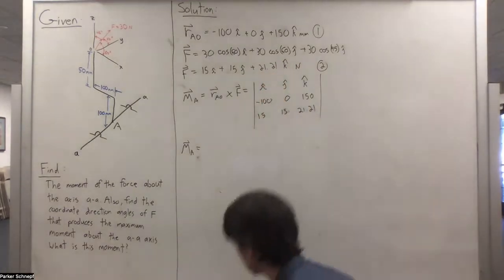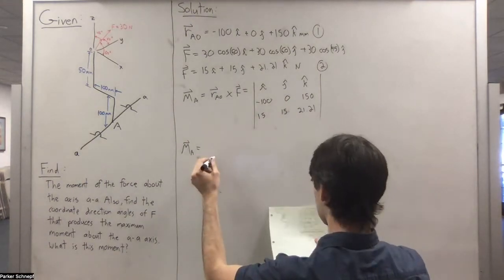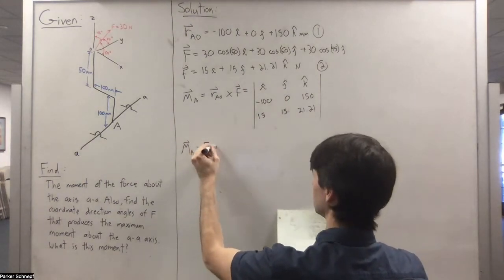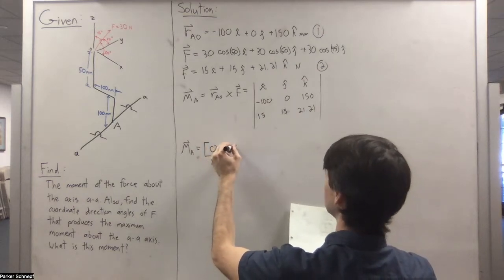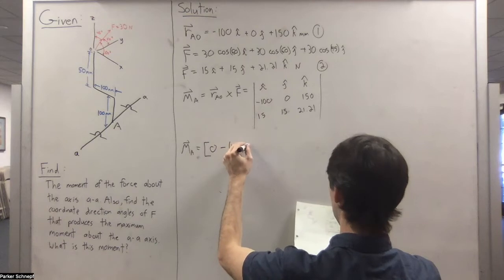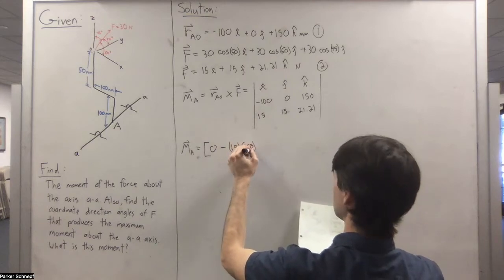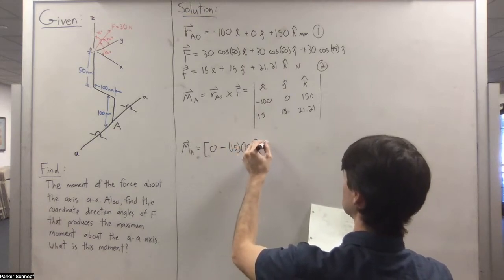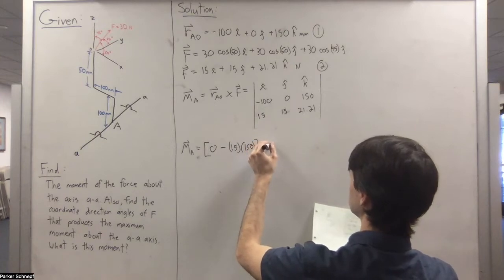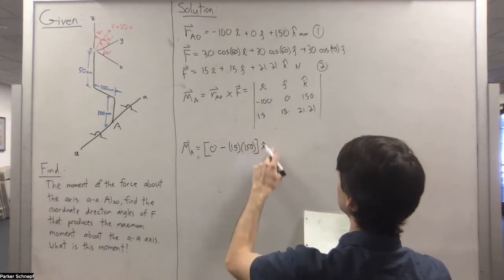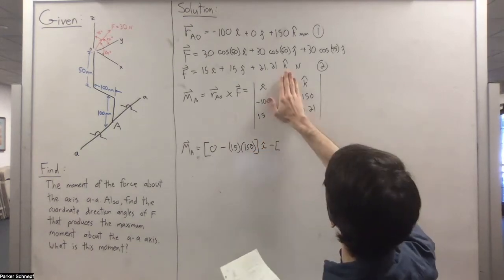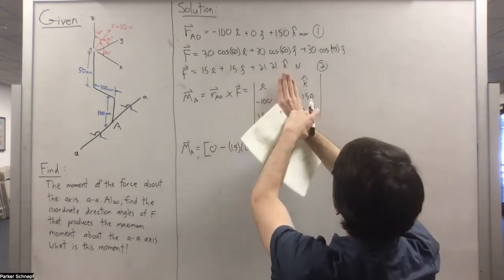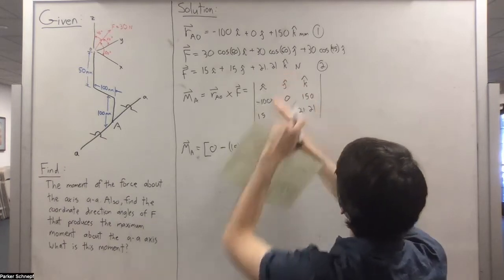That gets me 0 minus 15 times 150. That's the x component, and then for the j, it's minus. Cover that up. Take this value times this value minus this value times this value.